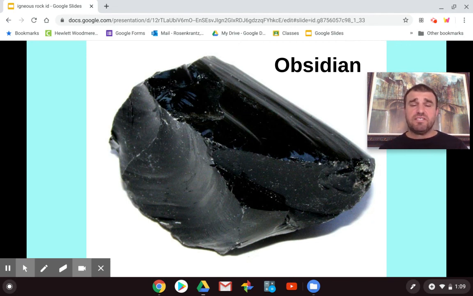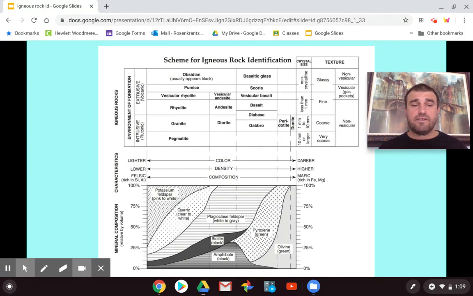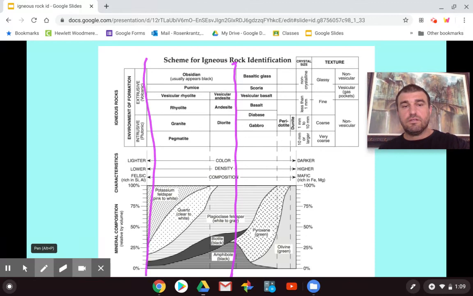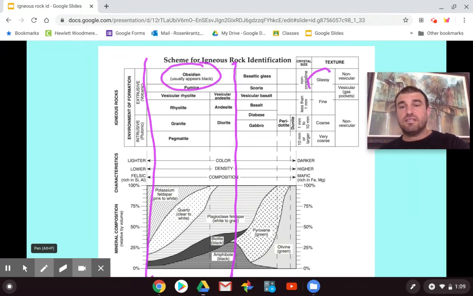But the reason I want to spend some time on it is you can kind of see the glassy surface. So this is volcanic glass, but this kind of doesn't fit in with the classification because this is black, yet it's felsic. See, obsidian is on the left side. So it's glassy.